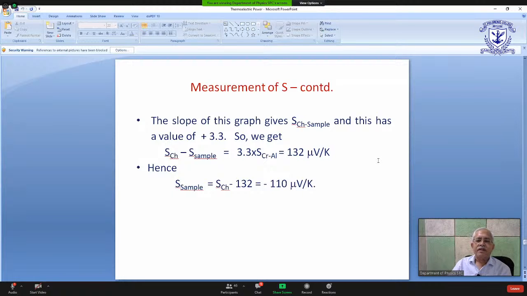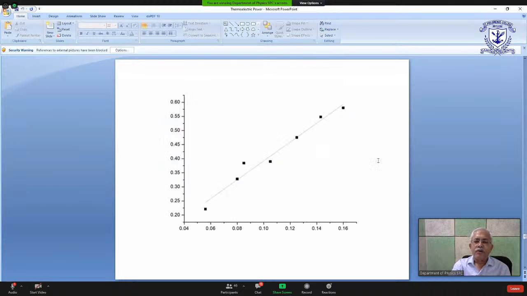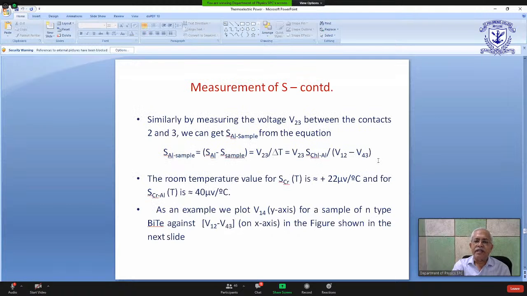So from the experiment we can determine this value, and therefore we see that S sample is S chromel minus 132. Now S chromel is a standard value which we saw was 22 microvolt per degree Kelvin.